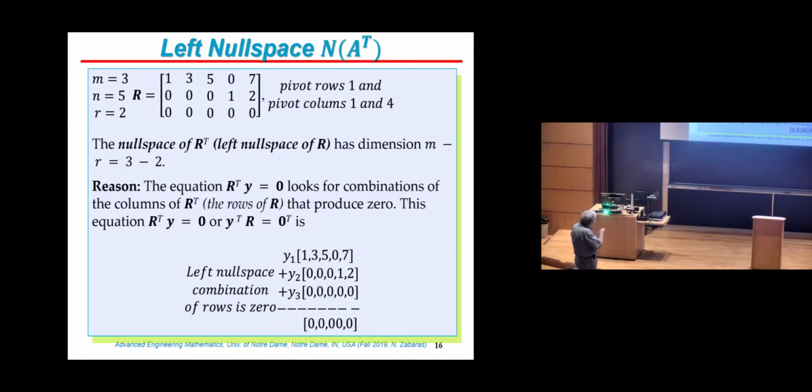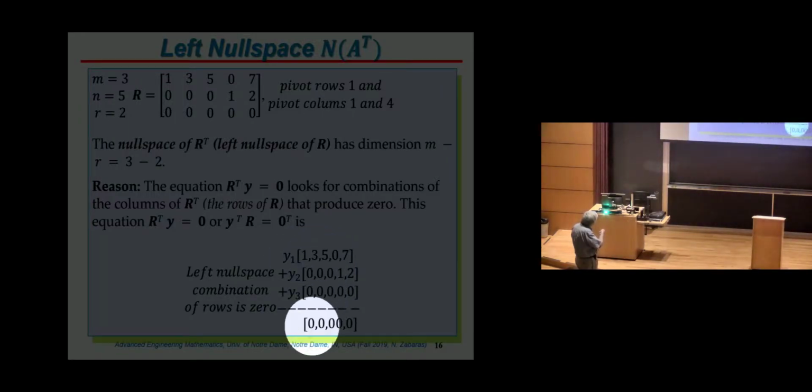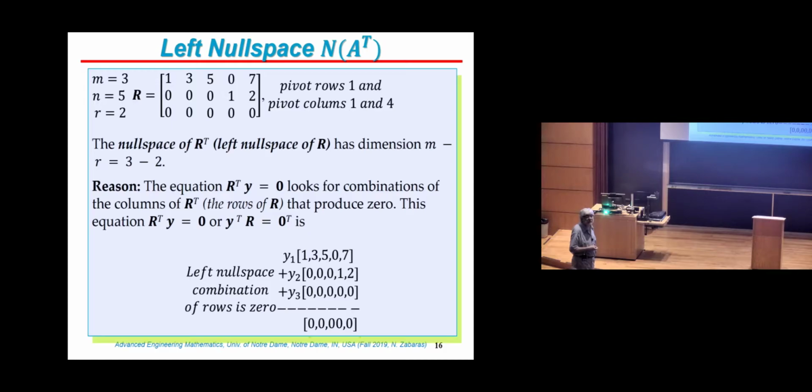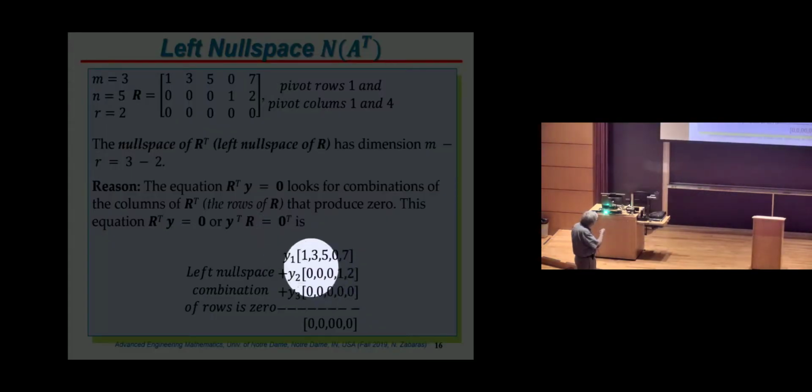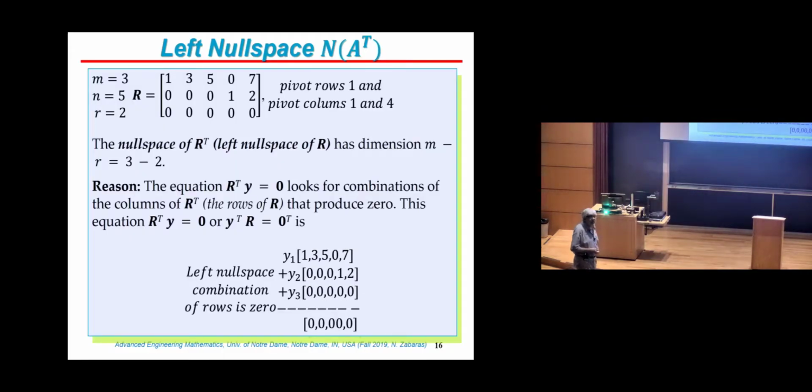I mean, take component 1. If I take a linear combination y1 times 1, this is 0 and this is 0 equal to 0, y1 has to be equal to what? 0. Similarly, take component 4, y2 equal to 0. The only thing that doesn't have to be 0 is what? Say it again? y3.